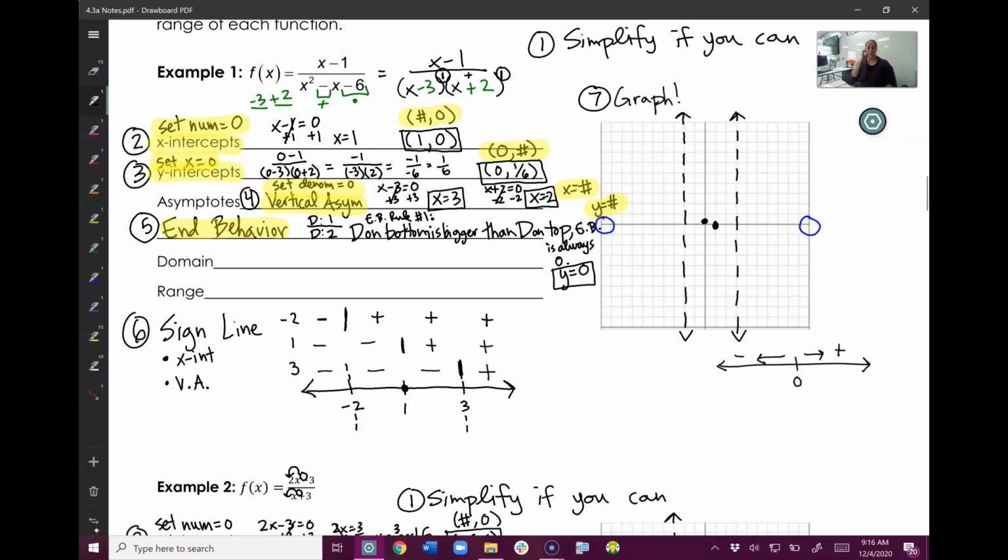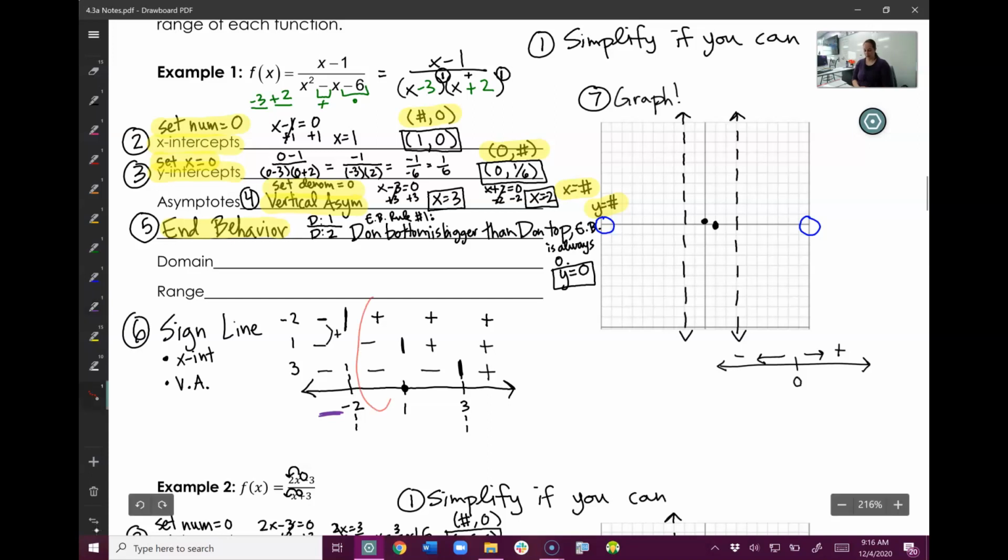I've got all these signs in place, but now I have to multiply them all together. So I'm going to look right here at my first column. If I look at that first column, first off, I notice 2 negatives will make a positive. And then I have a positive times a negative. So that's going to give me a total negative sign for that section.